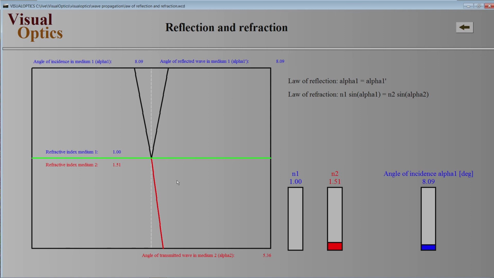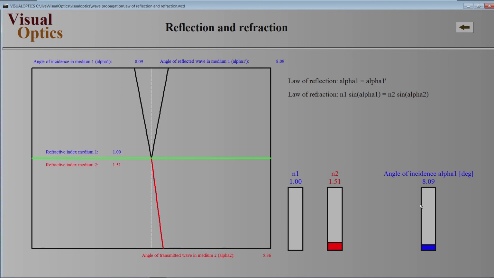And basically this is given by the law of refraction, which relates the angle in medium 2 to the angle in medium 1 and the refractive indices. That's drawn here.